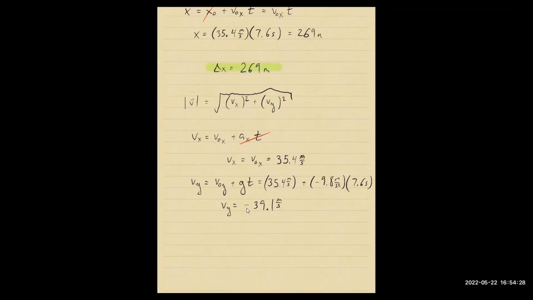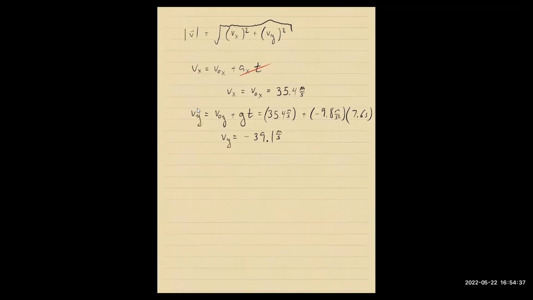So now that we have the x and y components for our final velocity vector, we can plug them in here to figure out the magnitude, or the speed, with which the ball hits the ground. So the speed with which our ball hits the ground is going to be the x component of its final velocity, which is 35.4 meters per second, and I'm going to square all that, plus the y component for our final velocity vector, which is minus 39.1 meters per second.